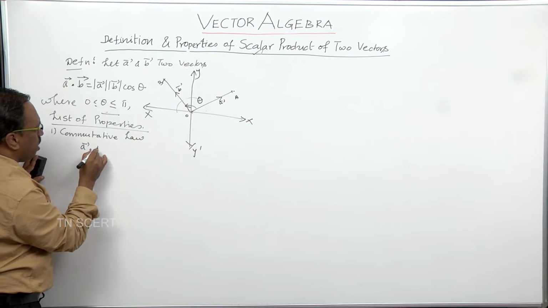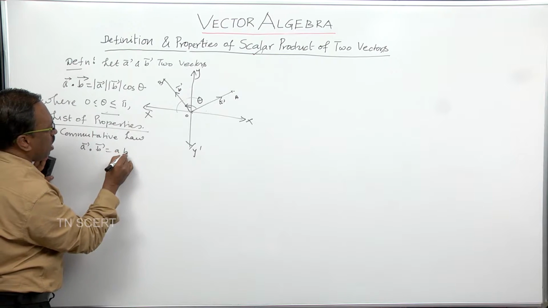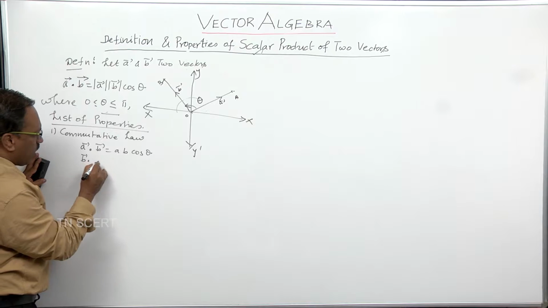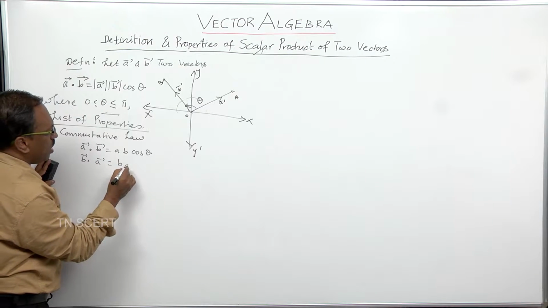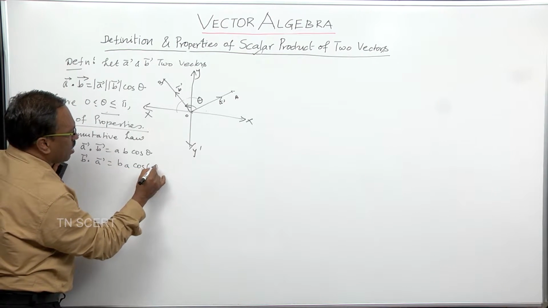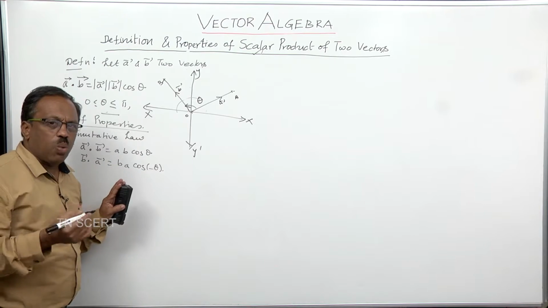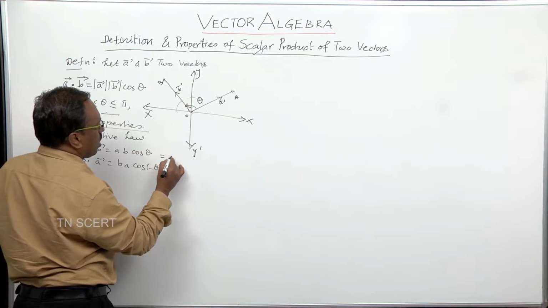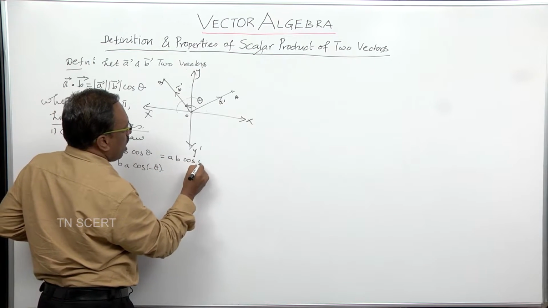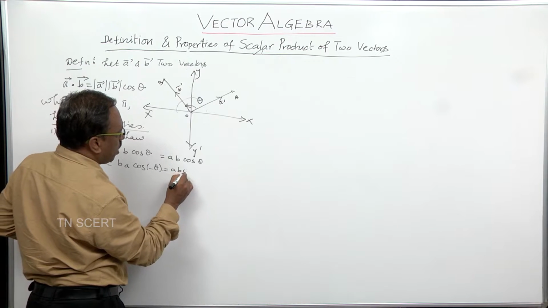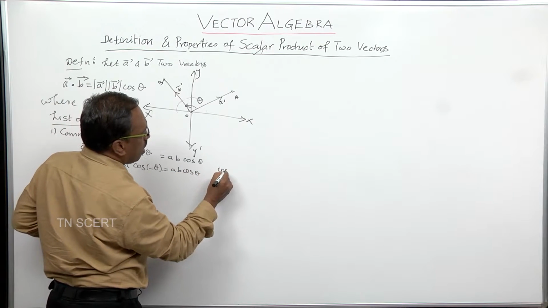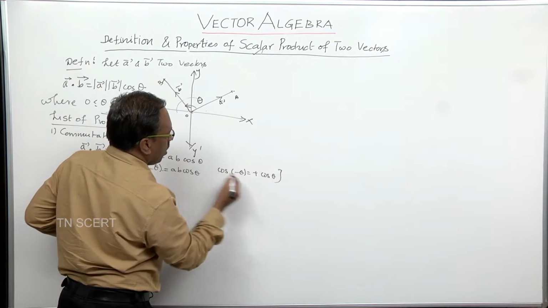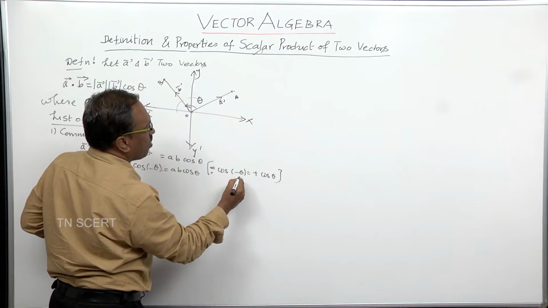A vector dot B vector is nothing but AB cos theta. B vector dot A vector is BA cos of minus theta, remember that it is the clockwise direction. A dot B is AB cos theta and B dot A is also AB cos theta, because cos of minus theta is plus cos theta, as cos is an even function.